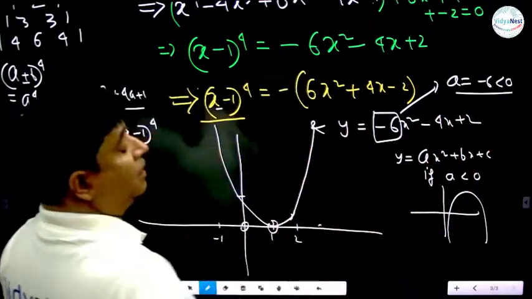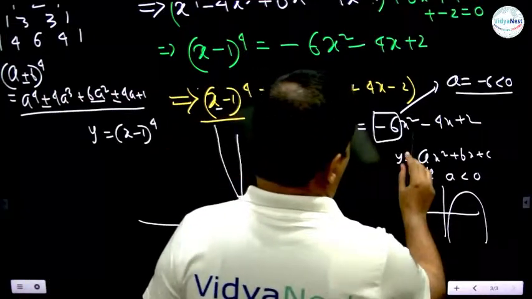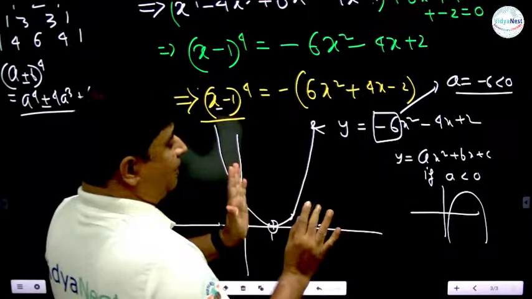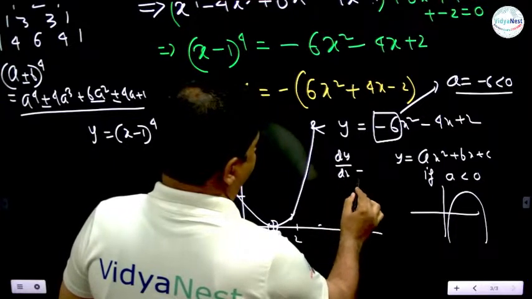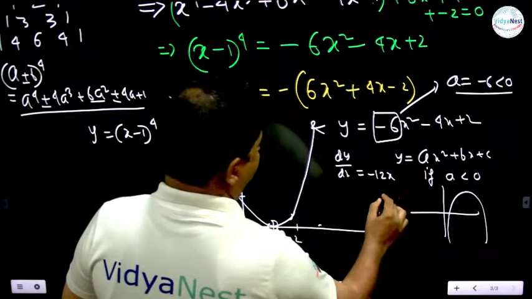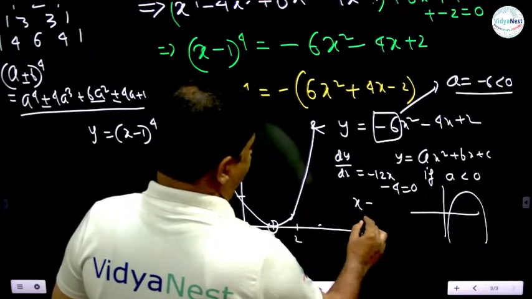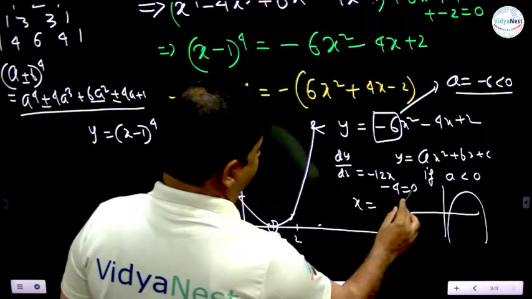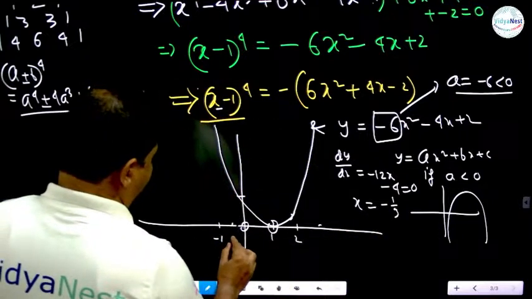And what is the point of symmetry? You differentiate it: minus 12x minus 4 is equal to 0. Then x is equal to minus 1/3.